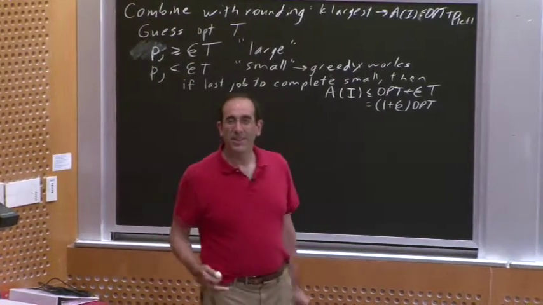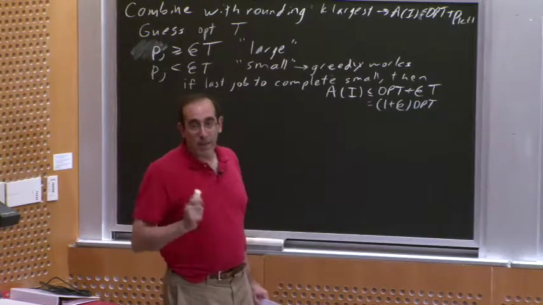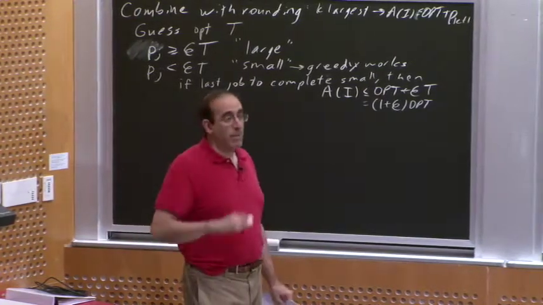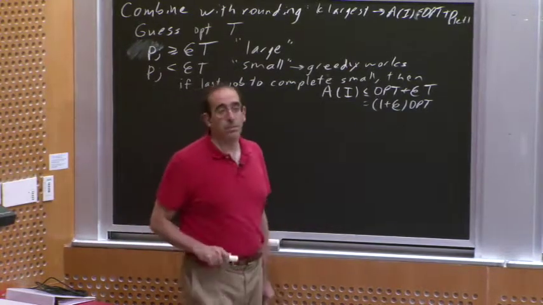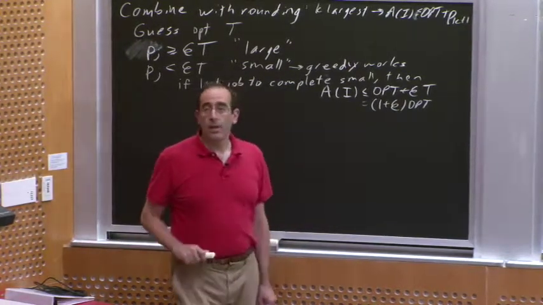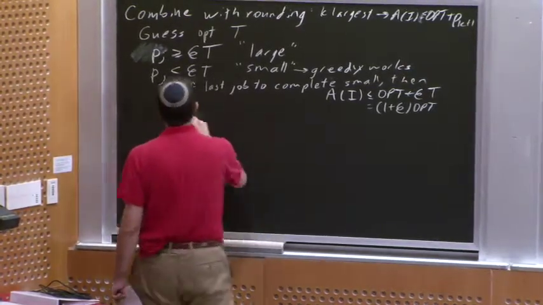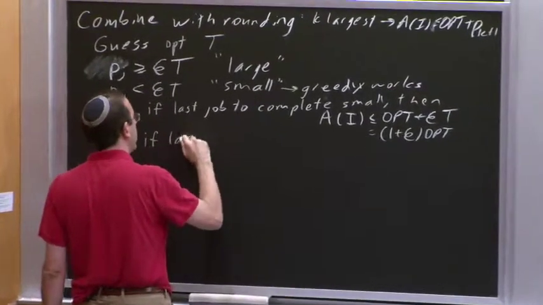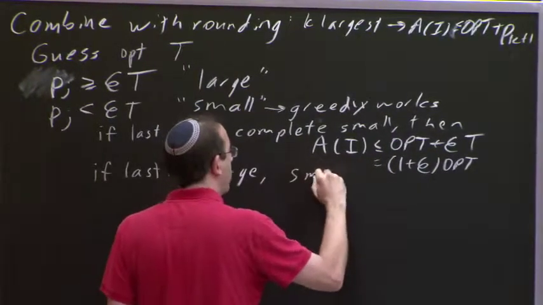Well, yes, you're at opt. Well, if I could schedule all the large jobs optimally, I would be at opt. I'm not going to guarantee that. But what can I say if the last job to complete is large? Well, I can say that the small jobs don't matter. So if the last job to complete is large, then the small jobs are irrelevant.